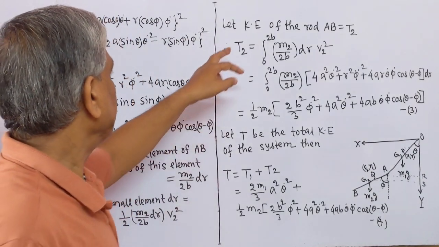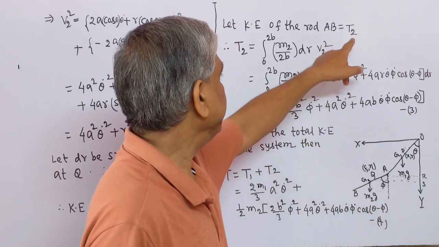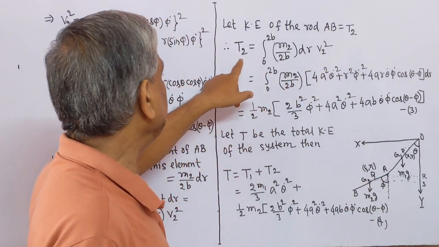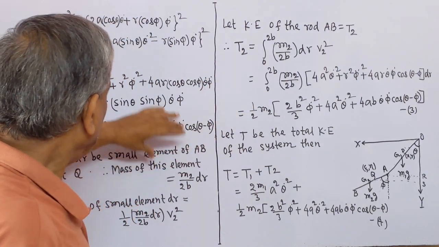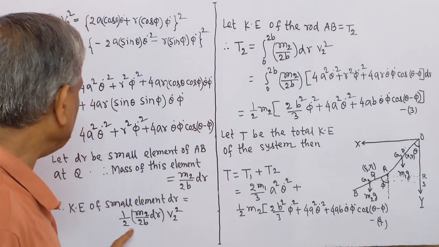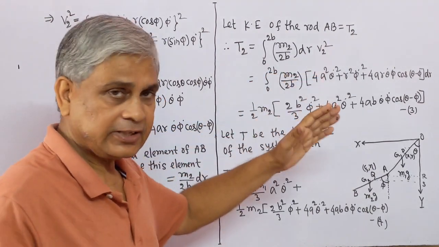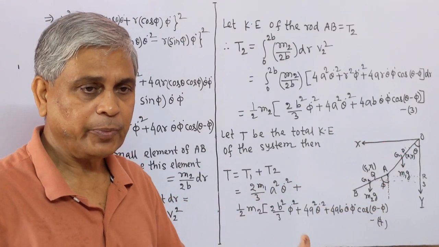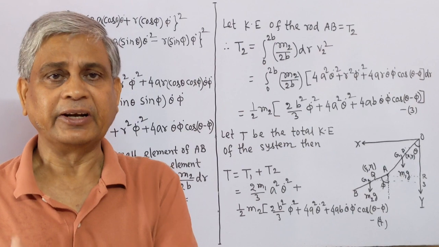Let kinetic energy of the rod AB be T2. Therefore, T2 will be equal to the integration of the kinetic energy of the small element dr. Integration means sum of kinetic energy of each small element.